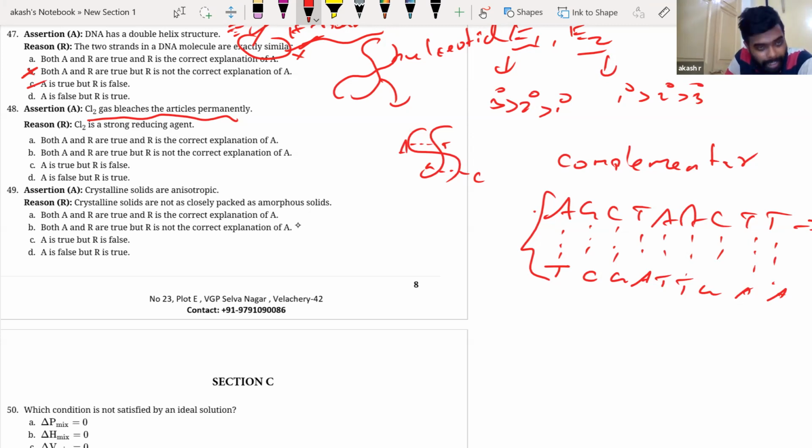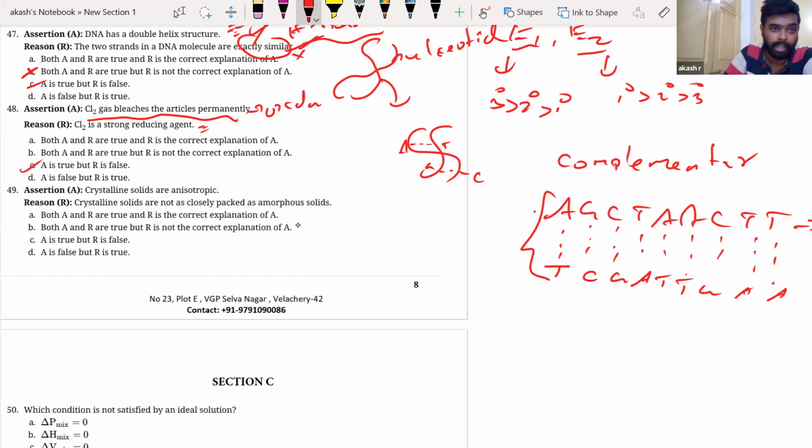Cl2 bleaches permanently, but SO2 bleaches temporarily. Why? Because here it is oxidation, whereas there it would be by reduction. Once the reduction product is formed, it can be oxidized again, so it goes back to the dirt. Cl2 is not a strong reducing agent, it's an oxidizing agent. So again, A is true, but R is false.